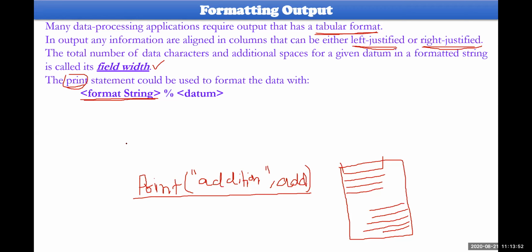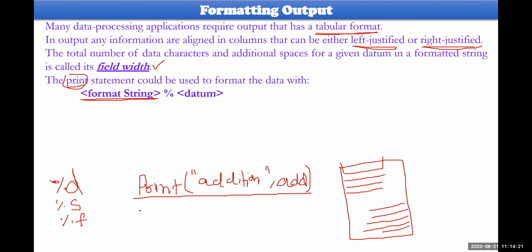You have already learned these format strings. For integers, as already used in C, it is %d. %s is for strings. %f is for float. Then the format string is followed by a percent sign, followed by your actual variable that you have to specify here.